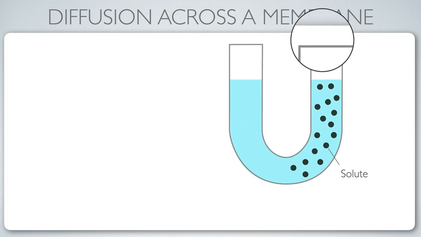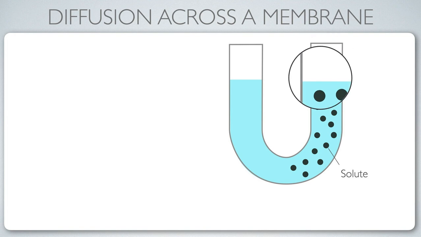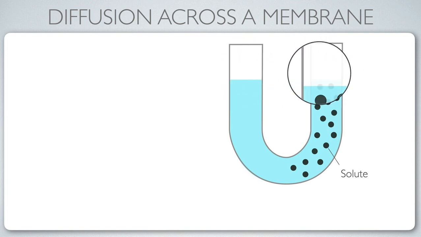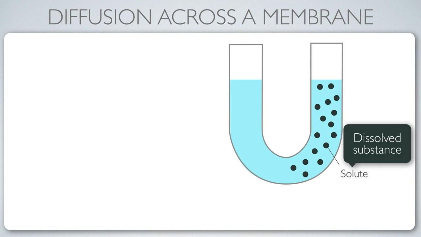So we can add substances, and there's no resistance to the water column changing in its height. And on the right-hand side, we have molecules in solution. Those are known as a solute, which is just a dissolved substance. And in between the left and right sides of this tube, we're going to add a semi-permeable membrane. So some things can get across that membrane.